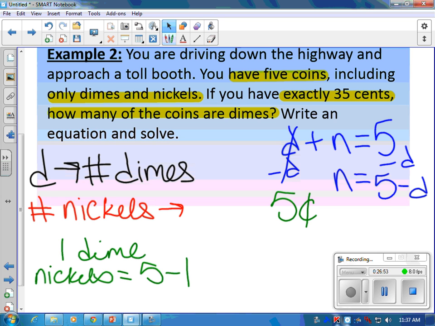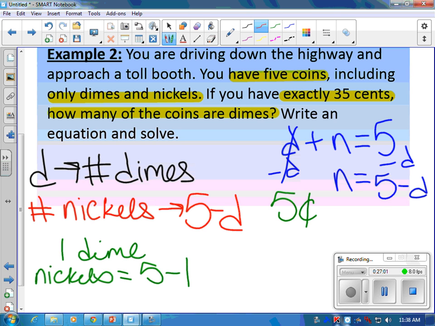So if I have D dimes, how many nickels do I have? 5 minus D. Because I know if I add the two values together, I have to have 5 total coins. So if I know that I have 5 total coins and I have D dimes, I can take that number away from it, and that's going to tell me how many nickels I have. Do we see where that came from, or are we still confused?